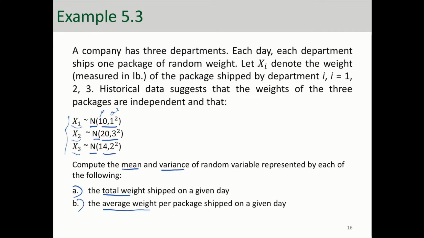Part A is pretty simple. It says total weight. Well, total weight shipped out is the summation of X1, X2, and X3. So basically in this case, our linear combination is X1 plus X2 plus X3. Average weight, on the other hand, is basically the average of X1, X2, and X3.